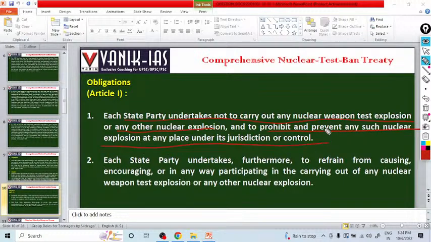This is obligation number 1 as per the Comprehensive Test Ban Treaty. Then each state party undertakes furthermore to refrain from causing, encouraging or in any way participating in the carrying out of any nuclear weapon test explosion or any other nuclear explosion.